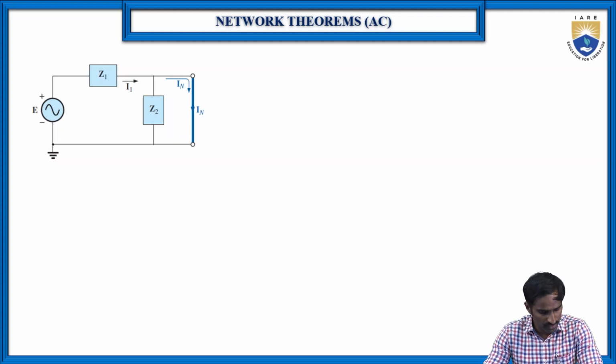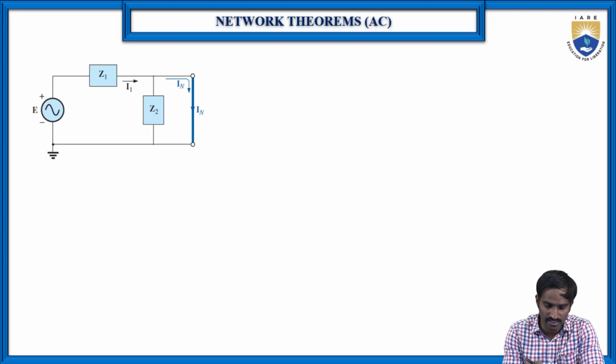For this particular circuit we can apply the current division rule, and by applying it we can easily find the current flowing through the short circuit. Let us consider I1 as the total current, which divides: some of the current flows through Z2 and some flows through the short circuit.